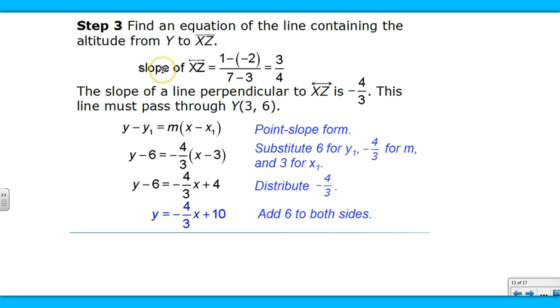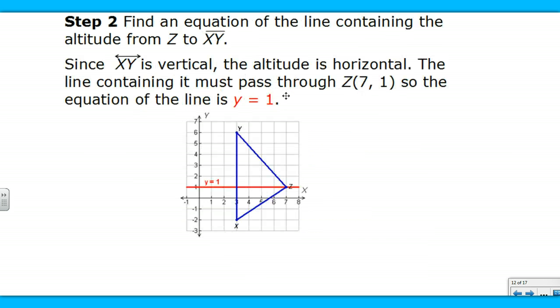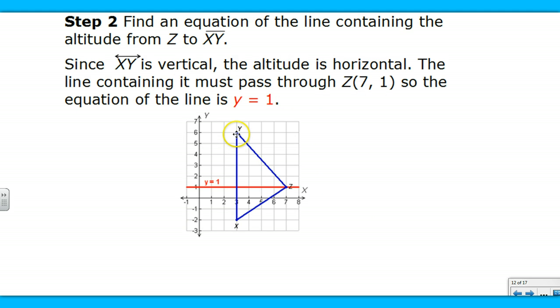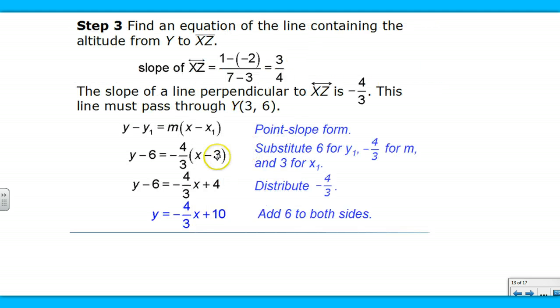So the slope of the line that is perpendicular to XZ is -4/3 because the slope of XZ is 3/4. So -4/3 is the negative reciprocal, right? The perpendicular slope. This has to pass through this point, 3, 6. So point-slope form could be used to write the equation. We'll use that point and the perpendicular slope to write the equation, and there it is.